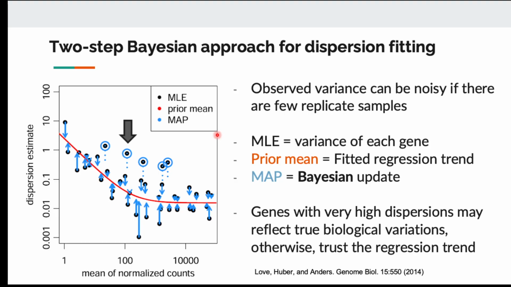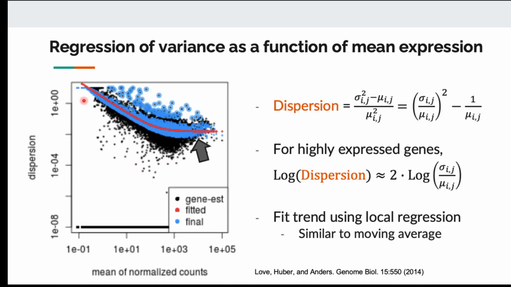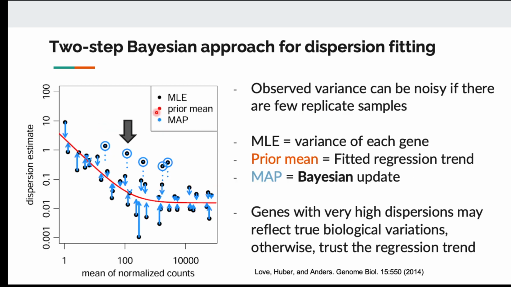I think I will skip this. Maybe it's too deep for us. But in DESeq, they are not only trying to ignore the outliers, they are also going to use the principle that we learned earlier, the Bayesian idea, to improve the estimate even further. But let's keep it at this to not make it too complicated.